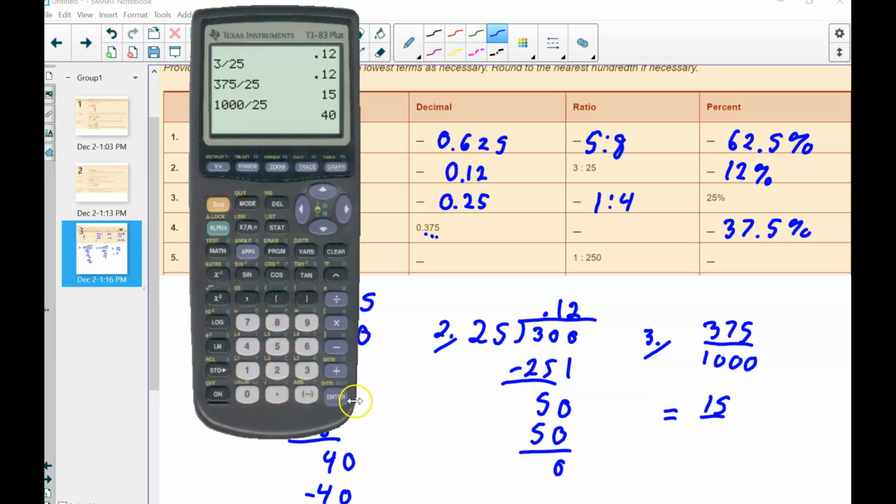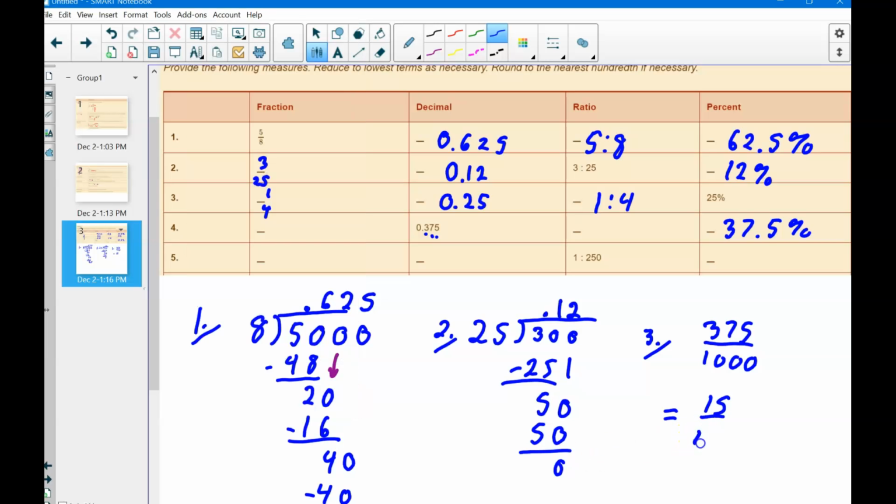Where it came from is when I see the 75 right here, I know that 75 is a multiple of 25. So I know that 300 is a multiple of 25. And 75 is also a multiple of 25. So in 25 we went to 375. That's where it comes from. But obviously I could have used a bigger number because this here can still be reduced.